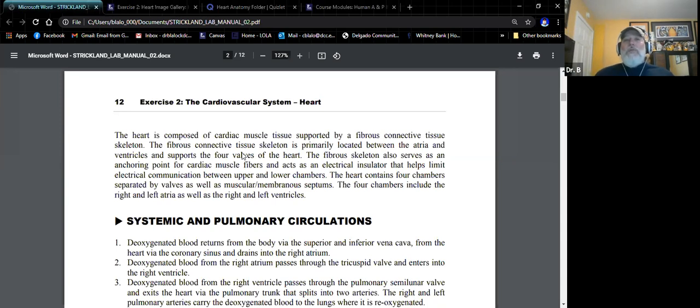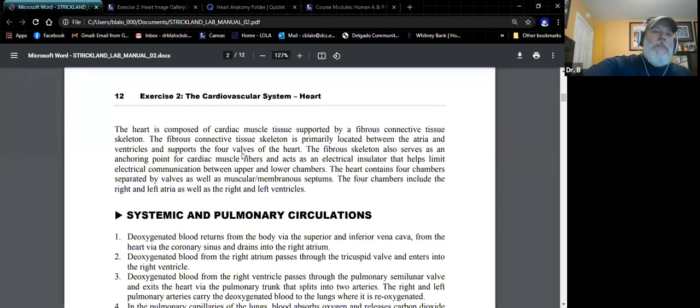Now, these 2 sets of circulation are carrying different types of blood. One set is carrying oxygenated blood leaving the heart and deoxygenated blood coming back to the heart. The other set is carrying deoxygenated blood away from the heart and oxygenated blood back to the heart. This will all make sense in just a minute. Just hang with me.